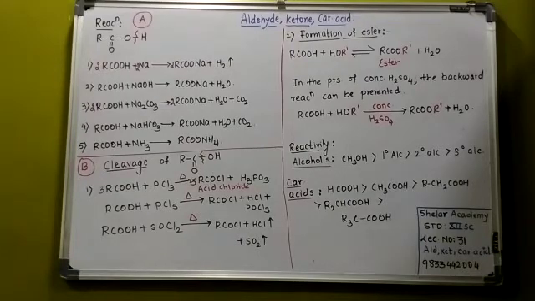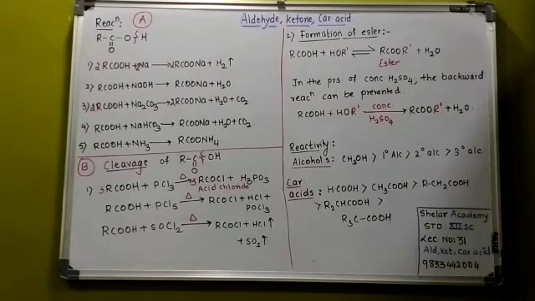So in the presence of concentrated sulfuric acid, as it acts as a dehydrating agent, it will absorb the water molecule which is formed in the reaction, so the backward reaction can be prevented. So the same reaction, suppose if I write in the presence of concentrated sulfuric acid, then the backward reaction is prevented.